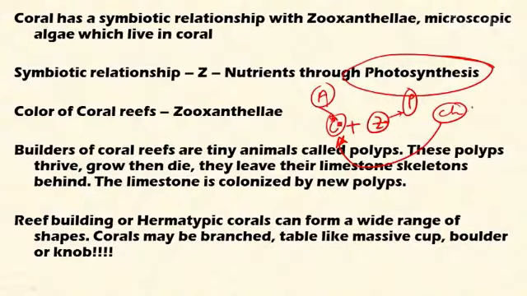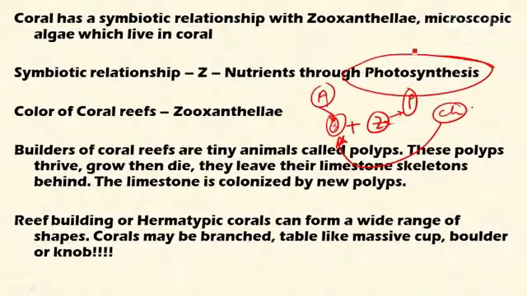On the other side, the animal source provides habitat and a place to grow for these photosynthetic zooxanthellae. So on the one side, the animal provides habitat to the zooxanthellae. On the other side, the zooxanthellae provide food material for the survival of the coral polyps.